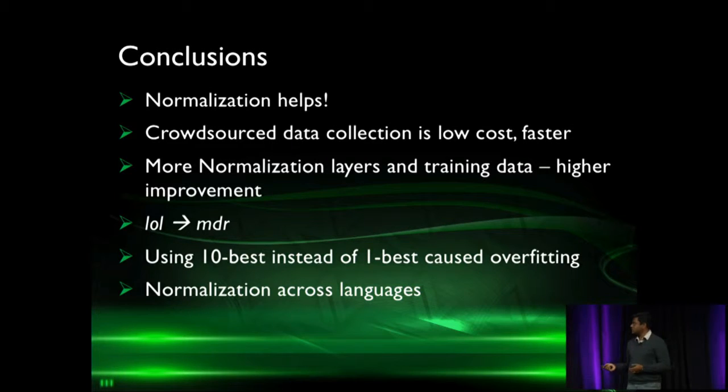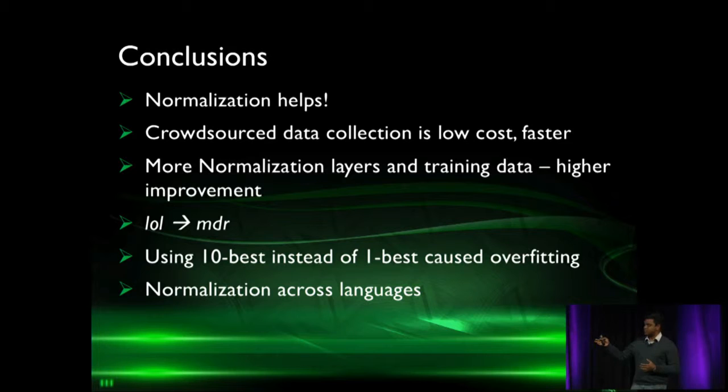Some interesting things like we used 1 best hypothesis versus 10 best hypotheses. So 10 best hypotheses would be one source and 10 different outcomes that people submitted through the system. It caused overfitting, which goes against traditional machine translation techniques, because more of these hypotheses usually improves your system.